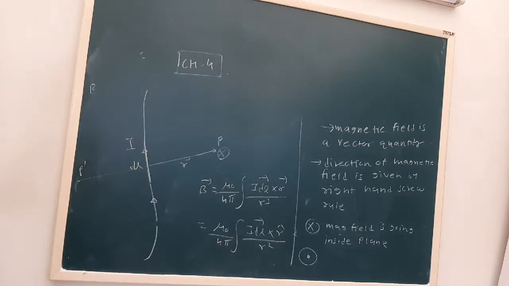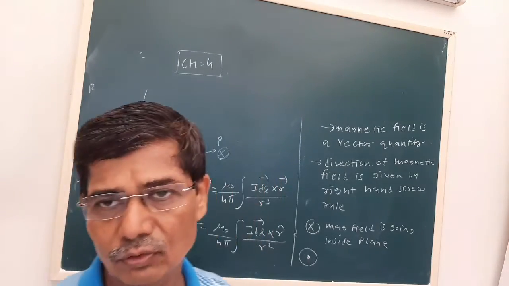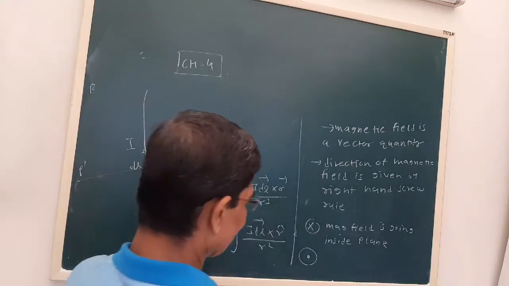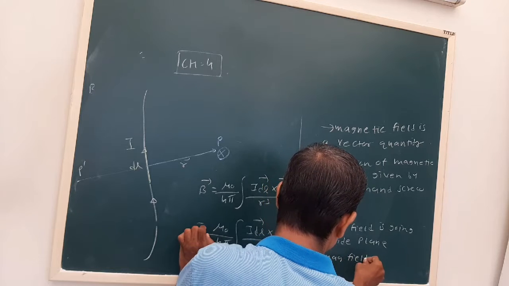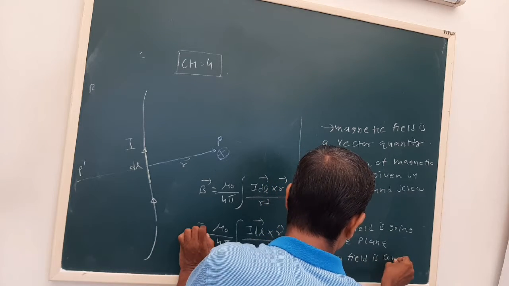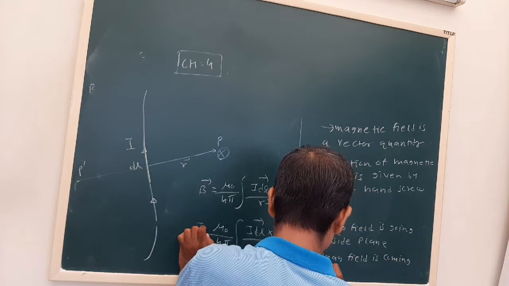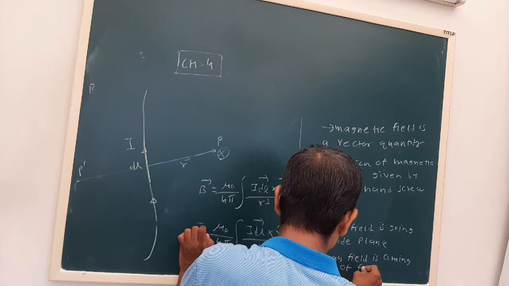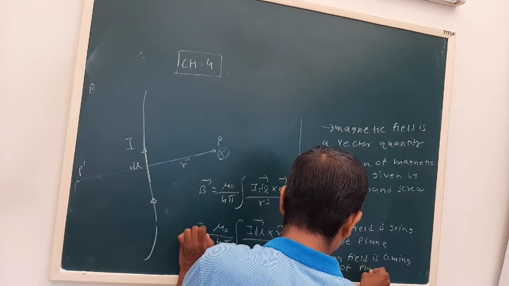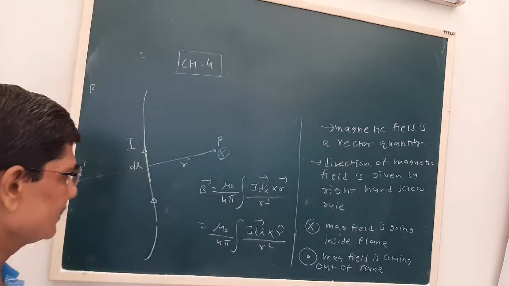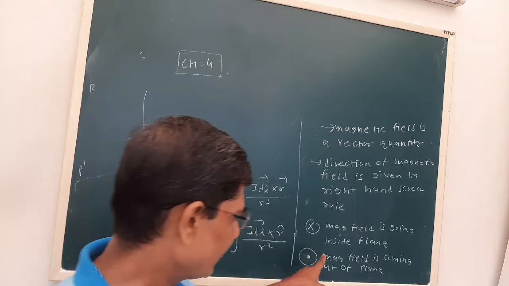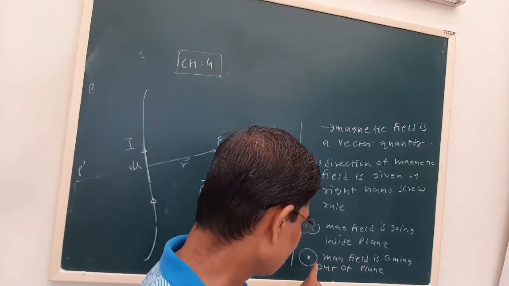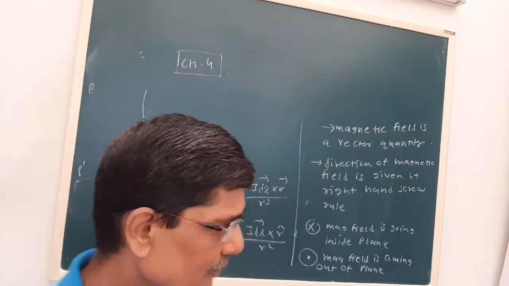These are the conventions we will be using in lesson number 4 and 5, so we need to be familiar with this. So whenever it is represented by a cross, the magnetic field is going inside the plane, and whenever it is represented as a dot, it is coming outside the plane.